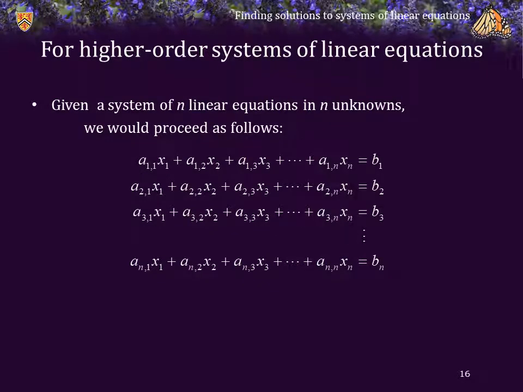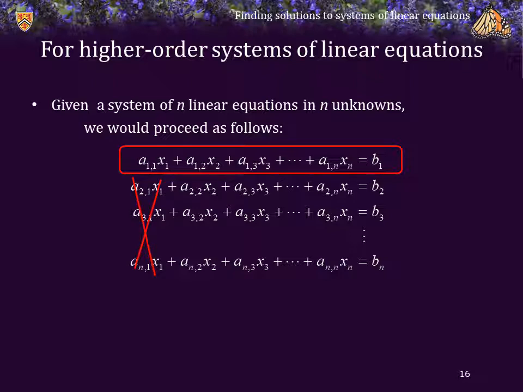Now, given a system of n linear equations in n unknowns, again, assuming that there's nothing special happening, we would proceed as follows. We would start by looking at the first equation, and then we would add an appropriate multiple of equation 1 onto each subsequent equation so as to eliminate x1 from every subsequent equation.